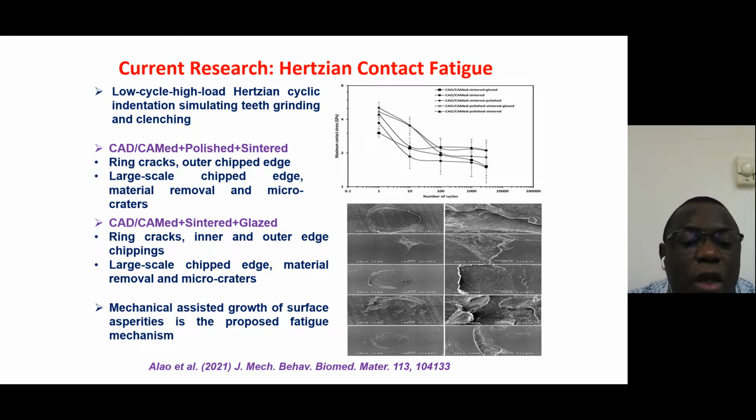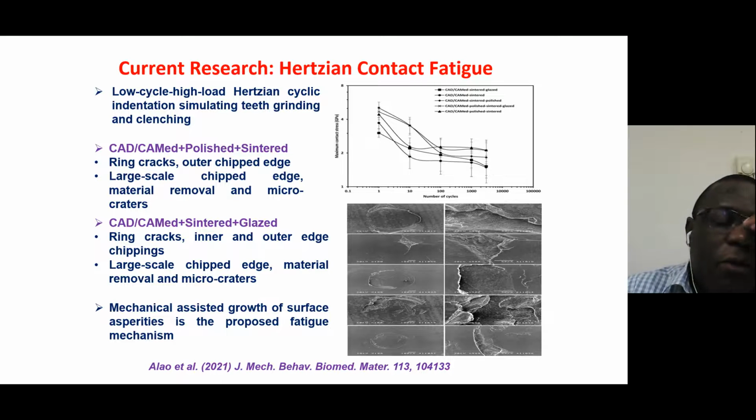You can see the surface morphologies. The proposed method, computer-aided design, computer-aided manufacturing, followed by polishing and sintering, generates less severe damage in comparison with other fabrication processes.